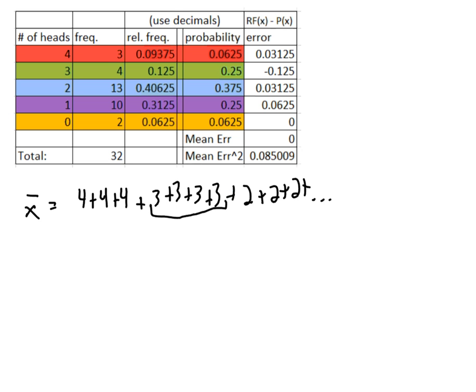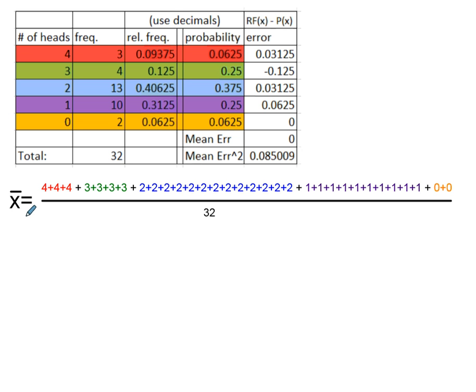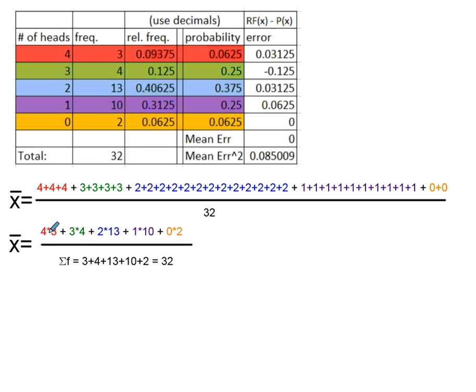That's called multiplication. So instead of this formula, with our 3 4s, our 4 3s, our 13 2s, our 10 1s, and our 2 0s, we can use this formula using multiplication instead of addition. We're still getting 12 plus 12 plus 26 plus 10 plus 0.